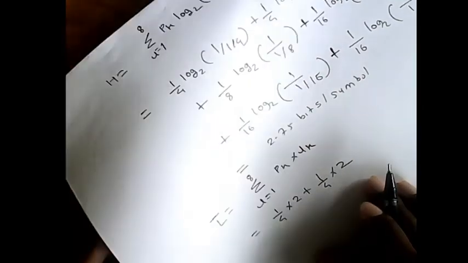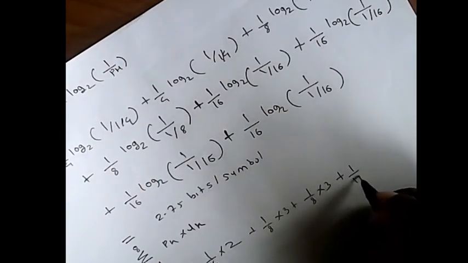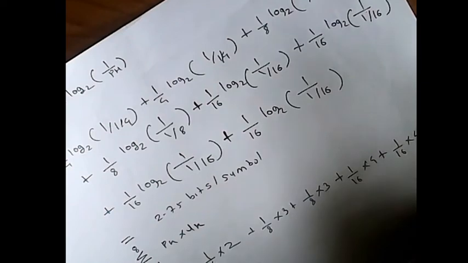Again 1 by 8 into 3, 1 by 8 into 3, plus 1 by 16 into 4, 1 by 16 into 4, 1 by 16 into 4, plus 1 by 16 into 4.